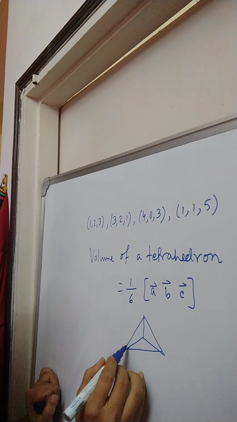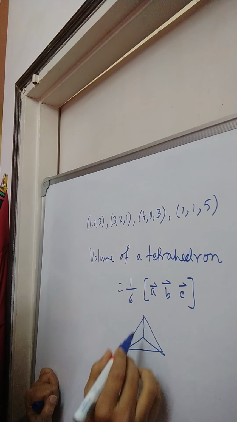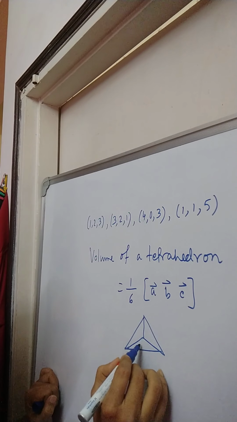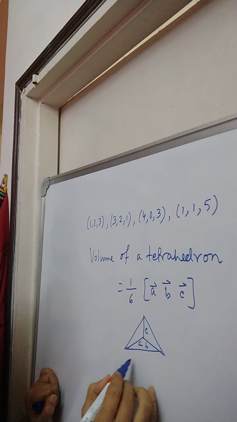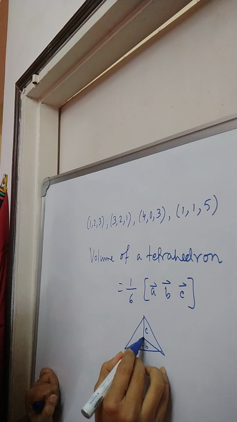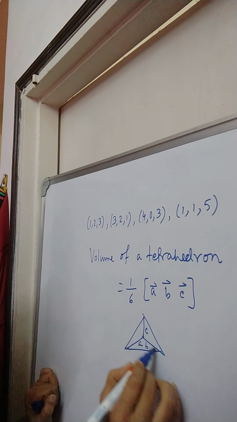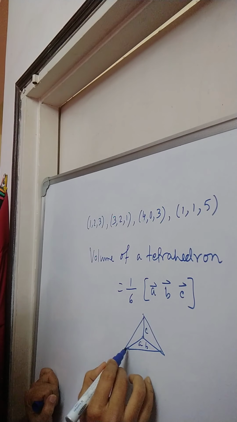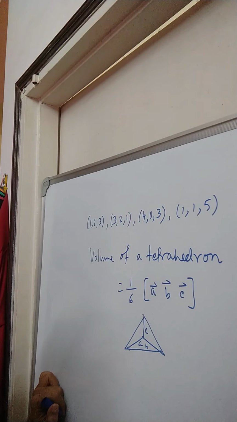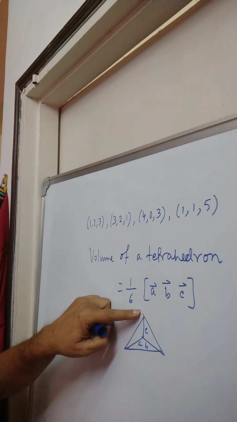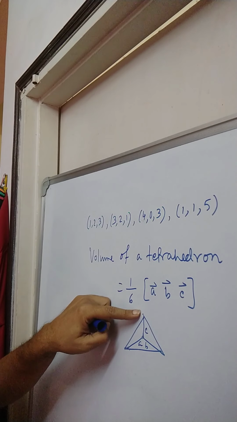This means ABC will be like this, or either these 3 or these 3 or these 3. I hope you can understand. Taking any vertex, any point as a vertex.